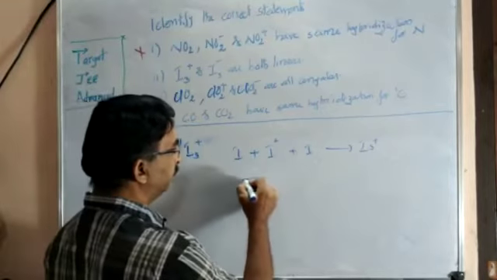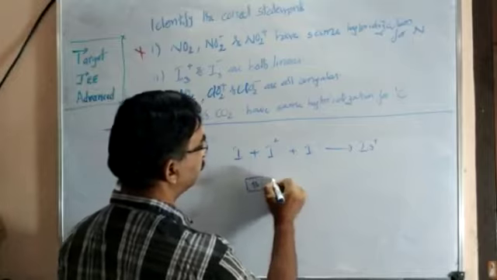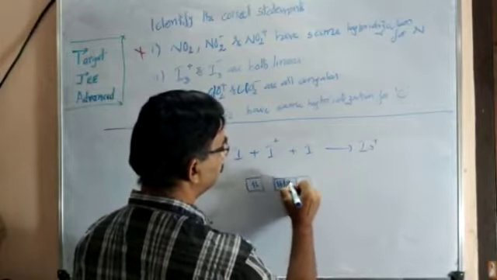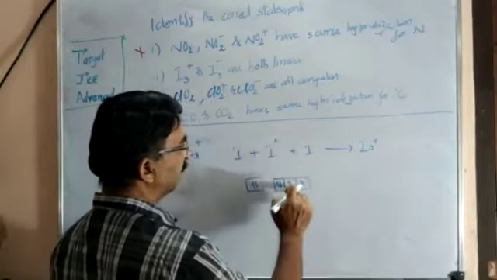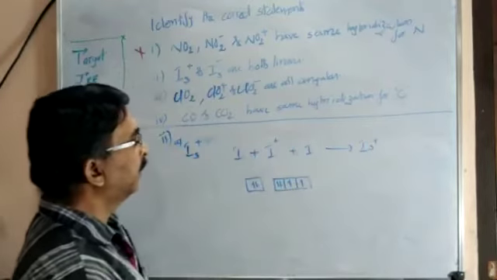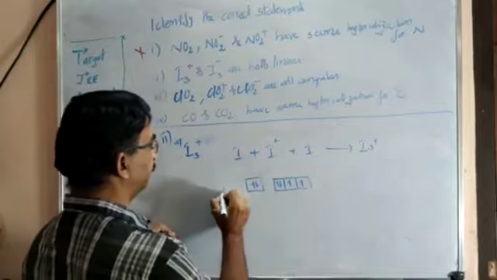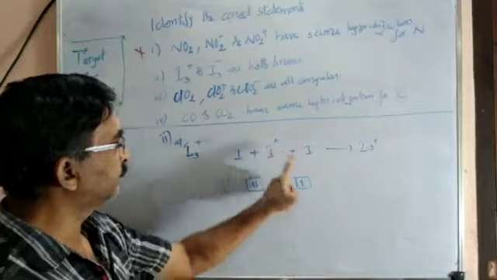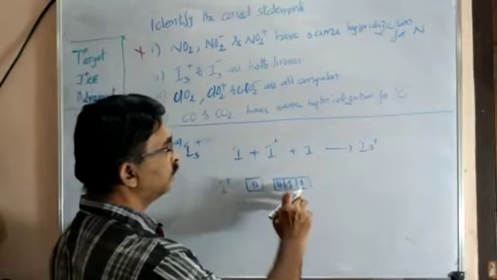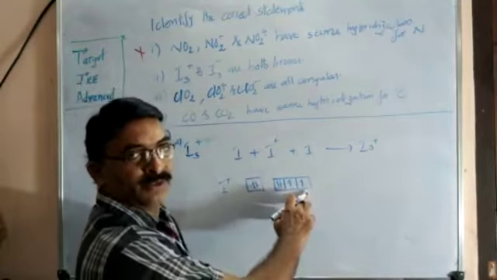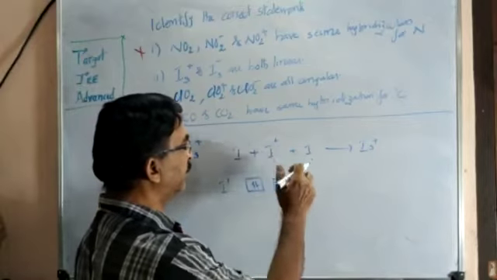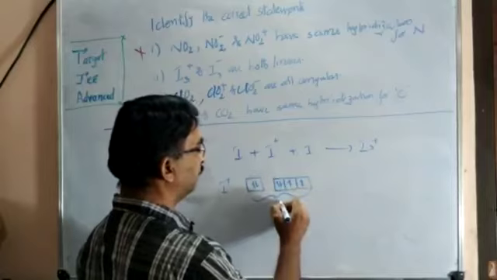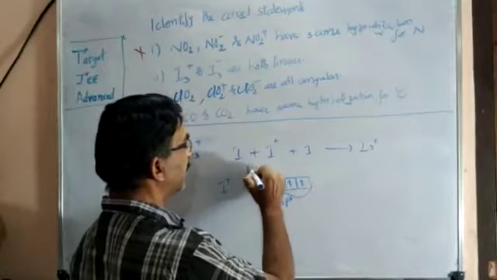So the central atom, halogen family, one electron has been lost, so it is not paired. This is the I plus state. Now it has to form two bonds. So two lone electrons are there which can form sigma bonds with the two neighboring iodine atoms. So it must be involving sp3 hybridization.